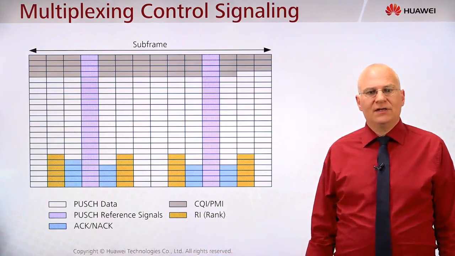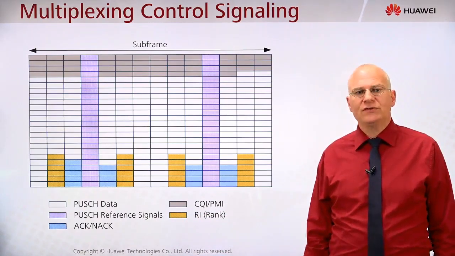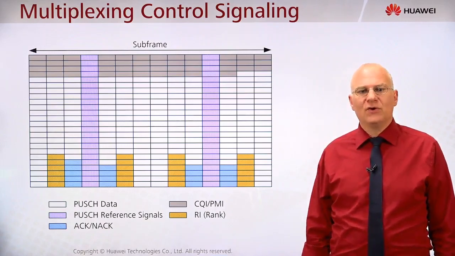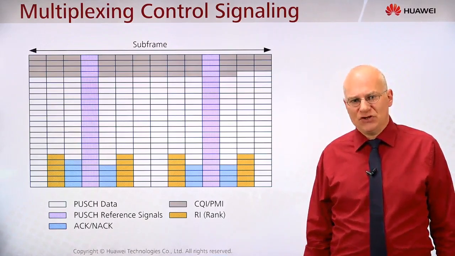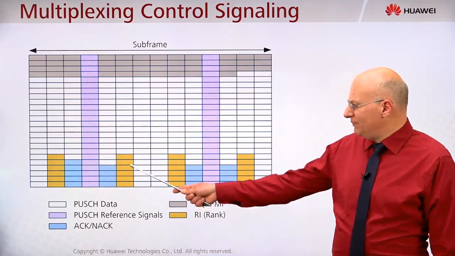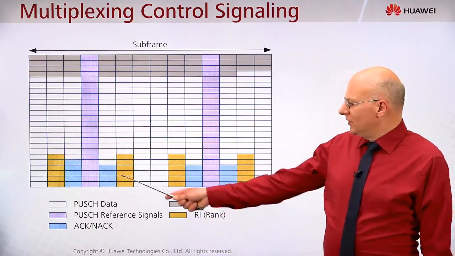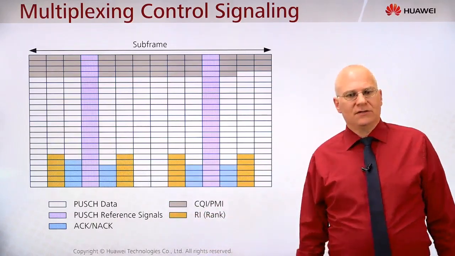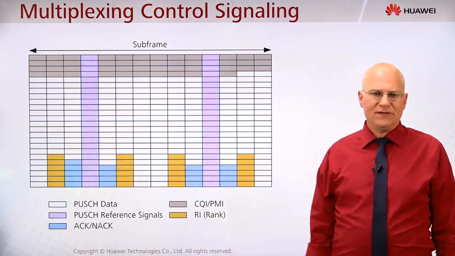If the user uses the uplink shared channel, he cannot use the uplink control channel, so he has to map the uplink control information into the uplink shared channel. The mapping is done like what is shown here. The HARQ feedback is sent directly near the reference signal.